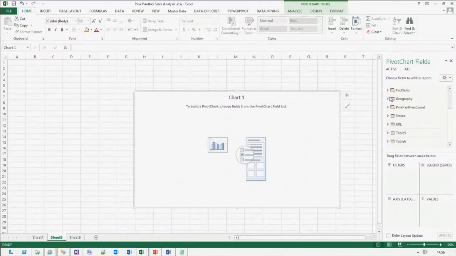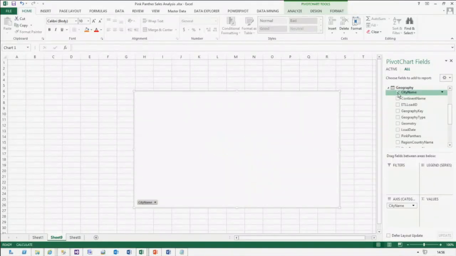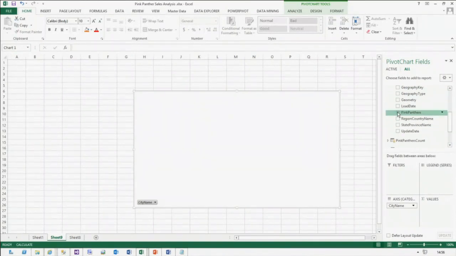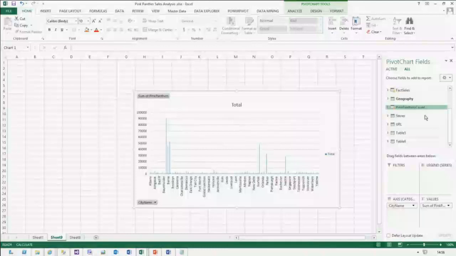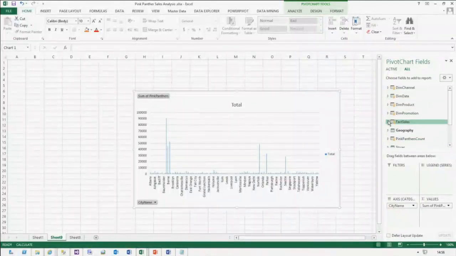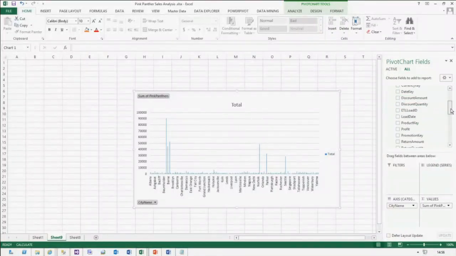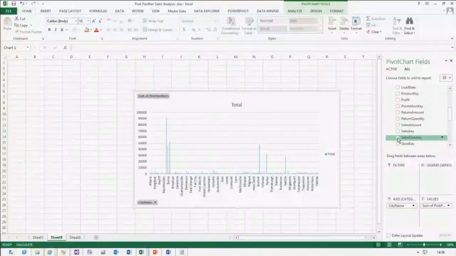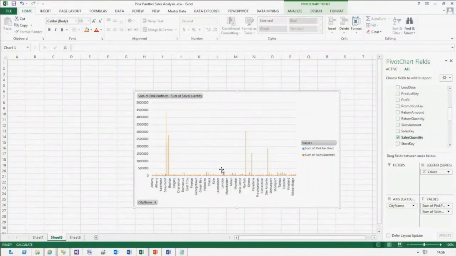Let's do the city name and the Pink Panthers. And I'm going to analyze. I've done a little bit of analysis on this, so I'm just walking you through what I've done, with sales quantity here. Okay, so just put in the analysis between, say, Pink Panthers and the sales quantity.